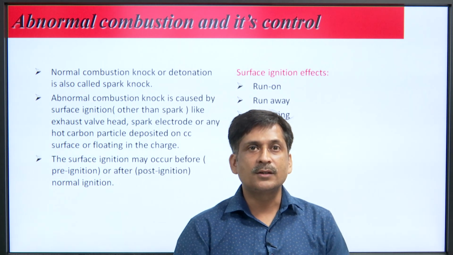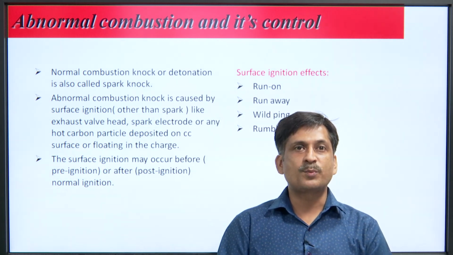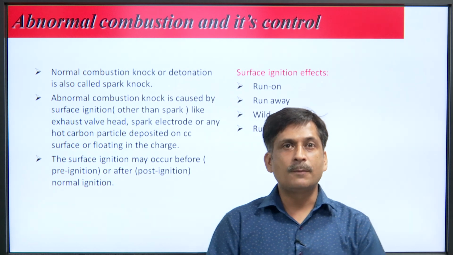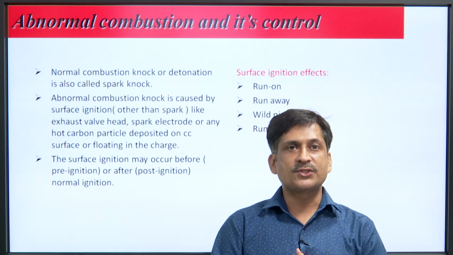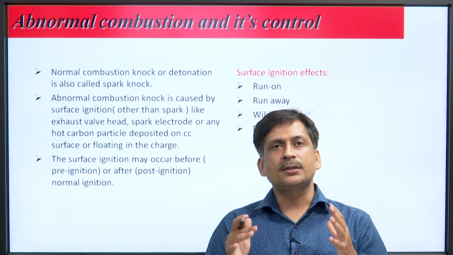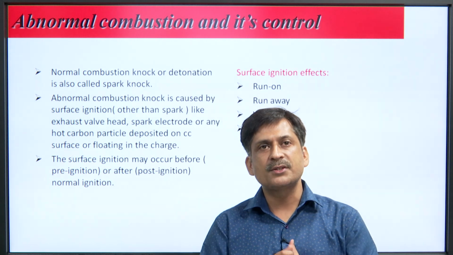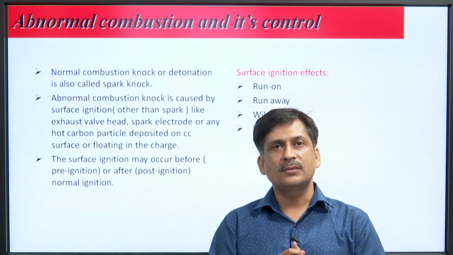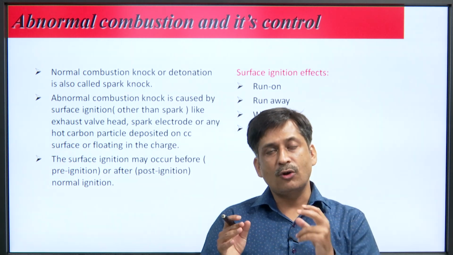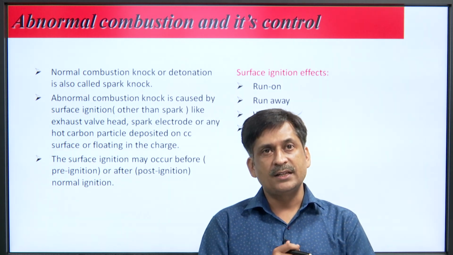So, normal combustion knock, or detonation, is also called spark knock. Abnormal combustion knock is caused by a surface. There are two types of combustion, normal and abnormal.